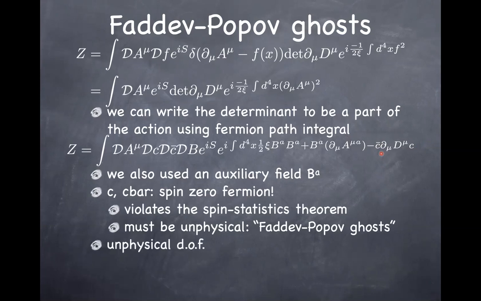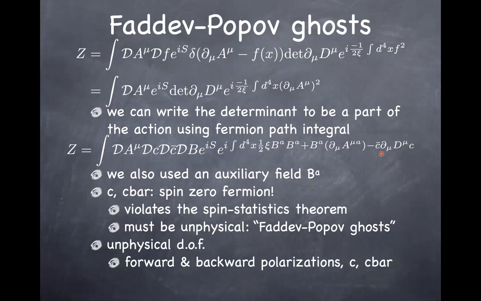So clearly, these are unphysical degrees of freedom. But whenever you're dealing with a gauge field, we are stuck with unphysical degrees of freedom anyway. So we talked about the forward polarization of the gauge field, which was supposed to be unphysical. The backward polarization was also unphysical. And now we have two more unphysical things, C and C bar. So at least at this point, it looks like we made the problem worse.